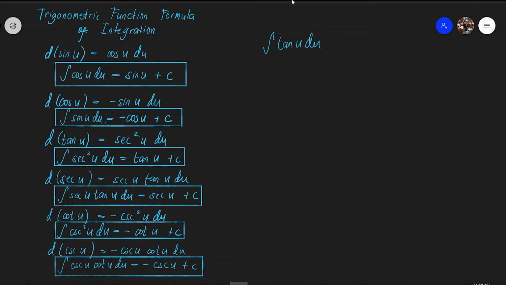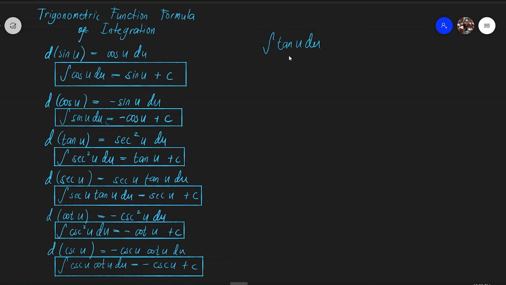Obviously, out of these six derived formulas from the differentials of the six trigonometric functions, as you can see, there is no formula for the integral of tangent u du. Right? There is none. So what you can do here is manipulate this function so that we can apply the logarithmic function formula of integration.